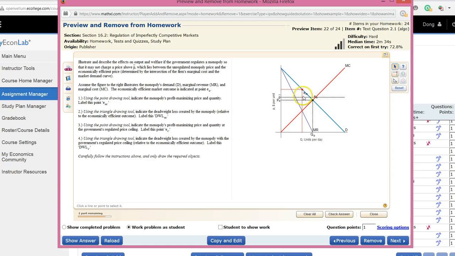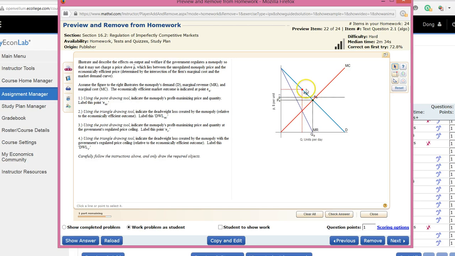But instead, the monopoly chooses a price here and an output here. So the output is lower than the efficient level, and the price is higher than the efficient level. That generates the deadweight loss, because the demand curve stands for the willingness of the consumers to pay.